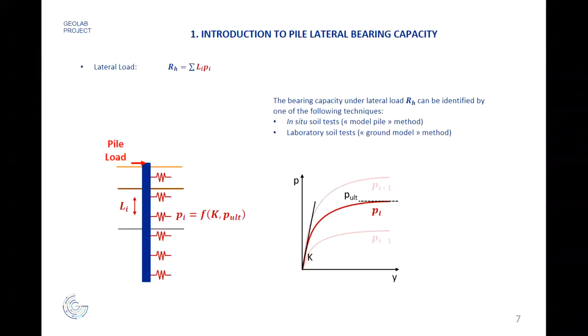This is called a reaction curve, where P is the reaction of the soil and Y is the displacement of the soil. Depending on the depth and the characteristics of the soil, we have different PY curves, and we have to use this data in order to calculate the total behavior of the pile.